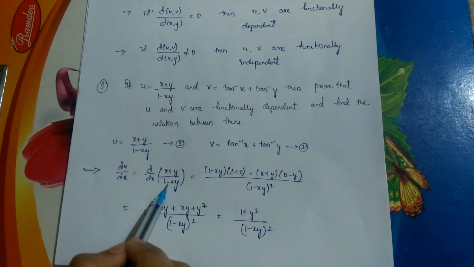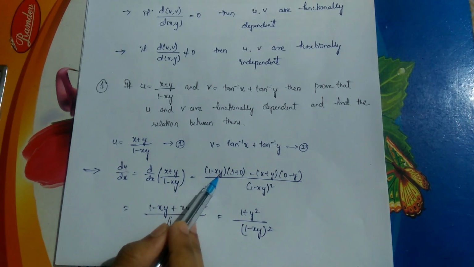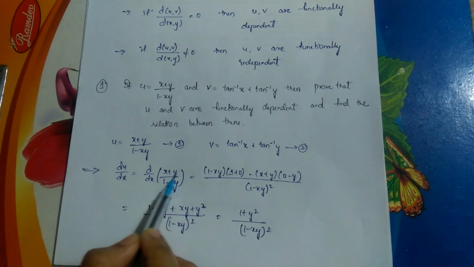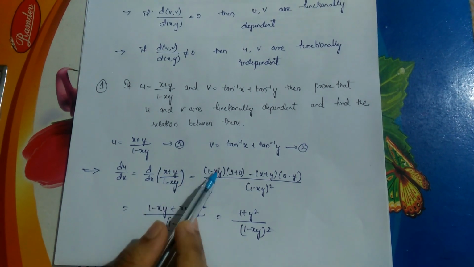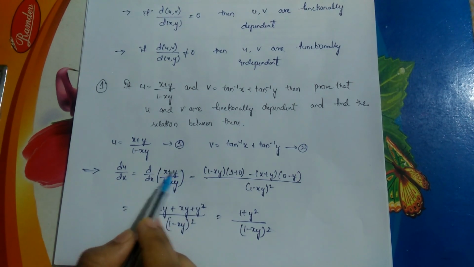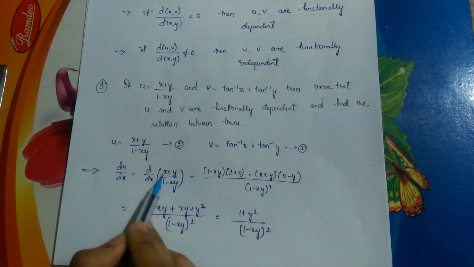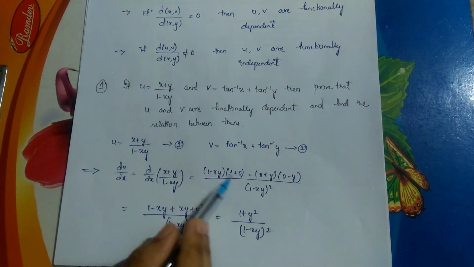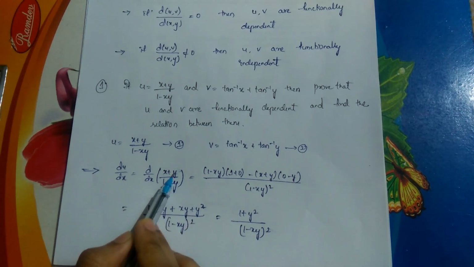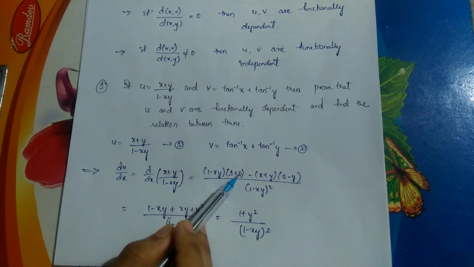So write v as it is here, 1 minus xy, and then x plus y is differentiated with respect to x. Then x differentiation with respect to x is 1 and y differentiation with respect to x is 0.